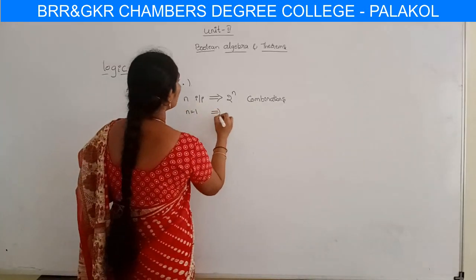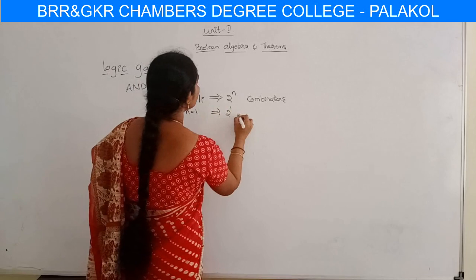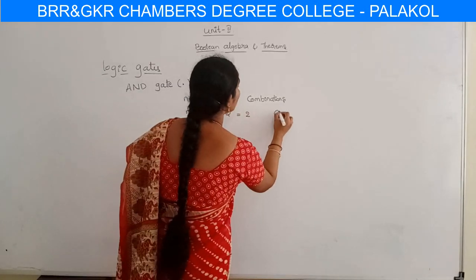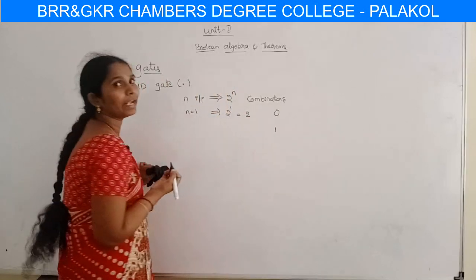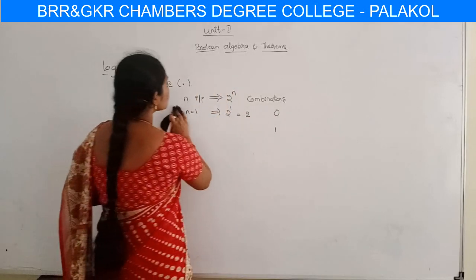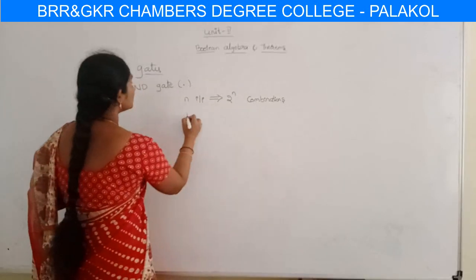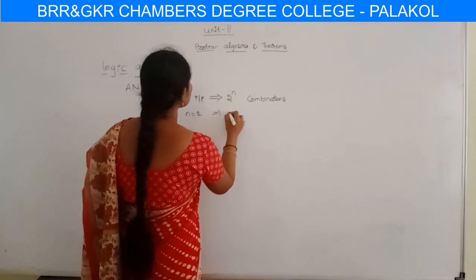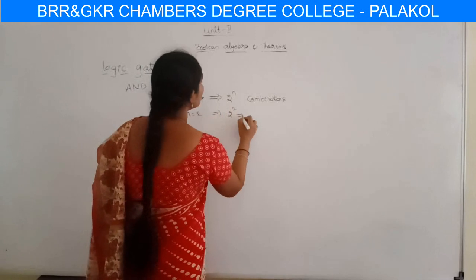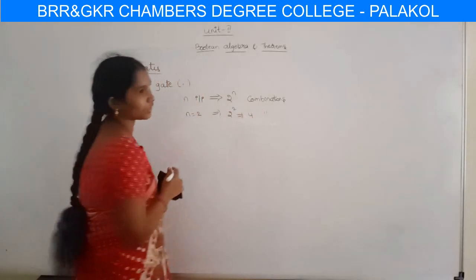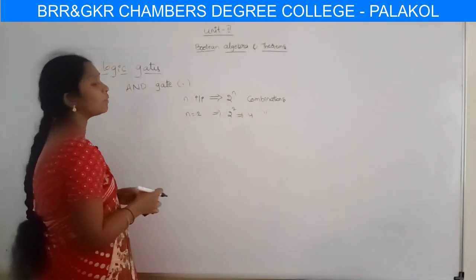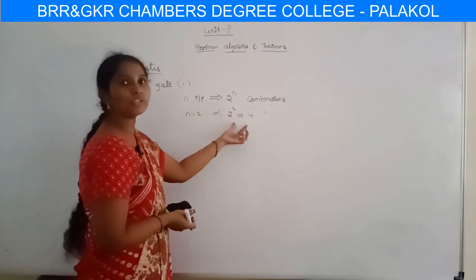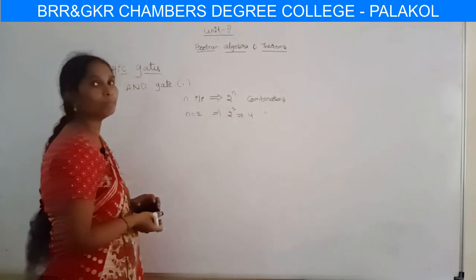So 2 power 1 means it will produce 2 combinations, those are 0 and 1. And after that n is equal to 2, so it will produce 2 square, that means 4 combinations. So likewise, depending upon how many inputs we take, it will produce that number of combinations.